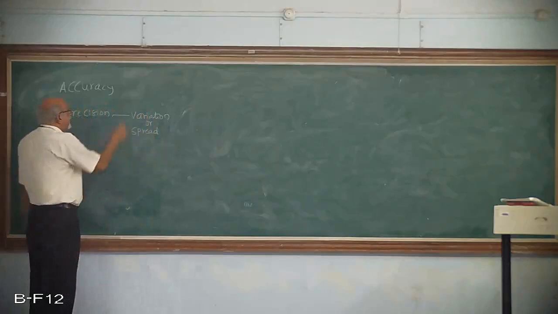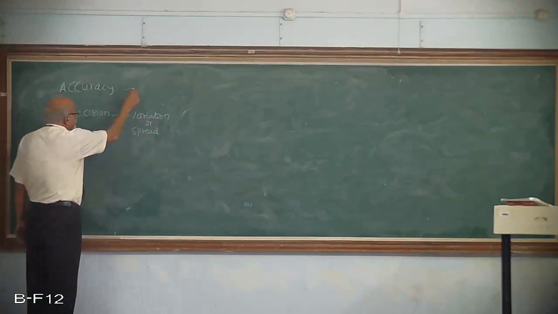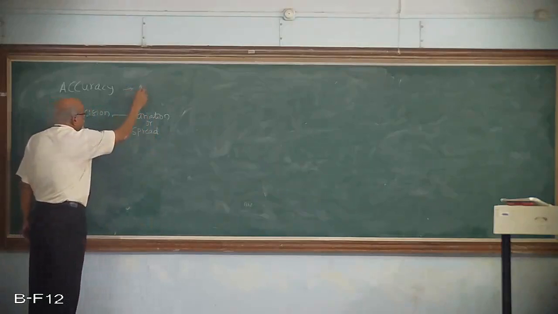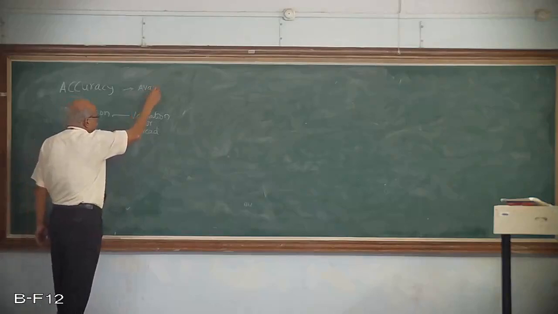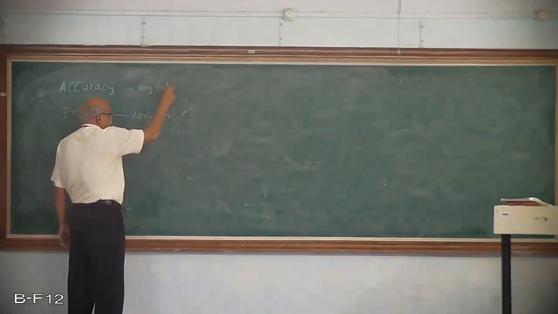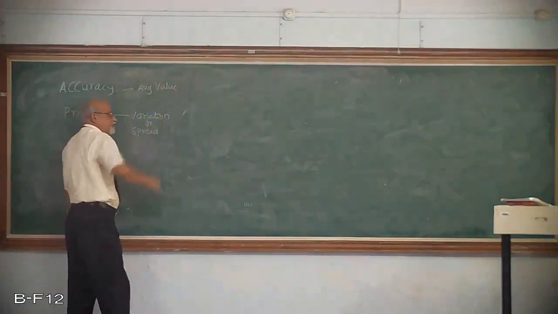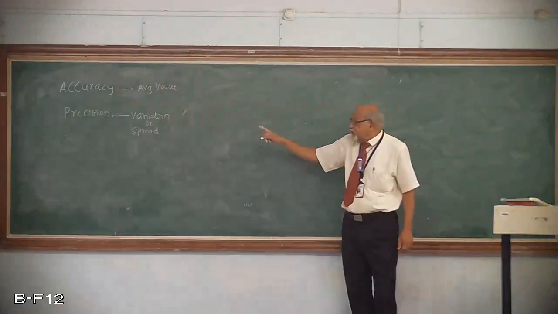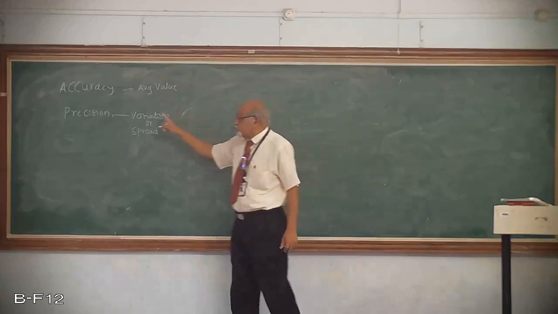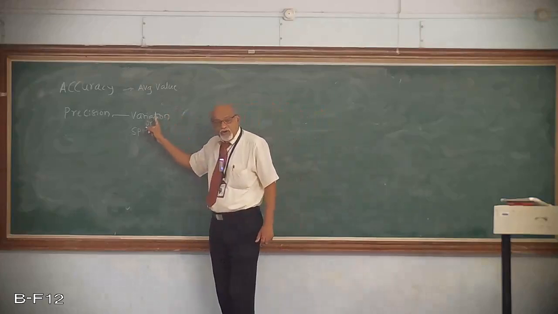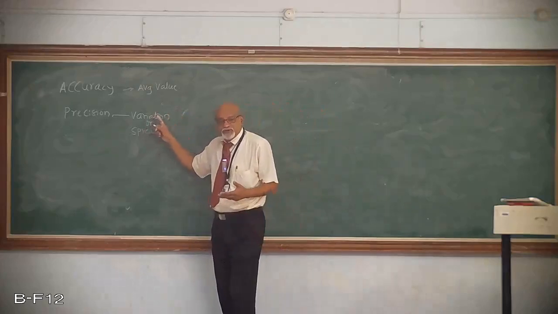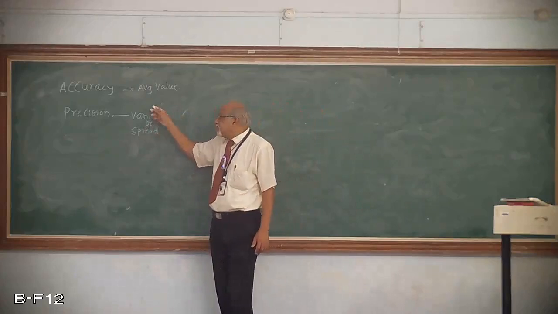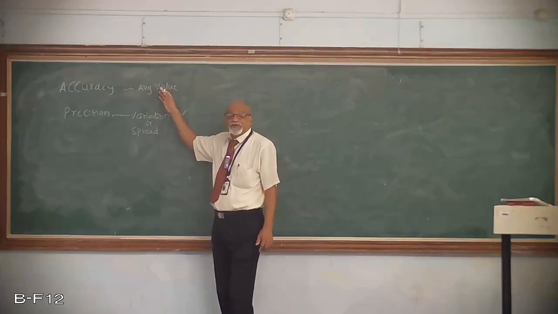And accuracy talks about the average value. That means for precision I need to find out the range or standard deviation, that is what usually we are going to use. For accuracy, we are going to find out the arithmetic mean.